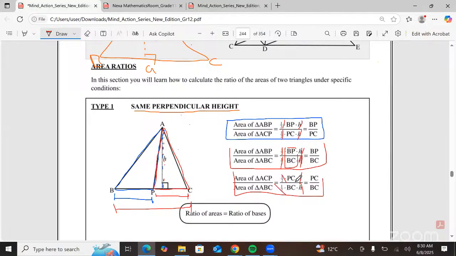We'll be left with PC over BC, and then you are done. Now this simply tells us the ratio of the areas is equal to the ratio of the bases. In simple terms, you don't necessarily need to play around with those halves and those heights. Just know that the ratio of the areas is equal to the ratio of the bases.